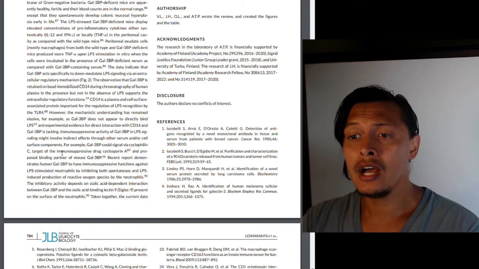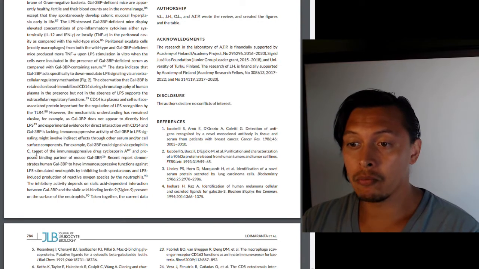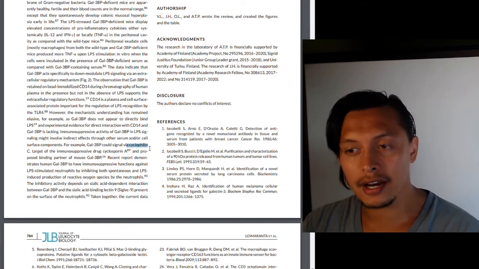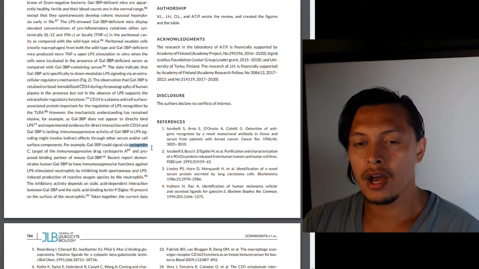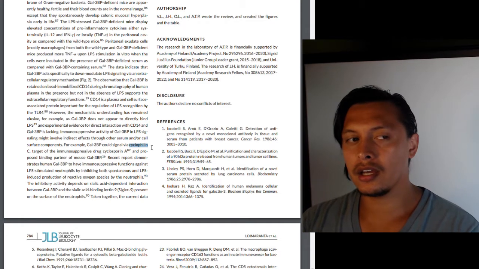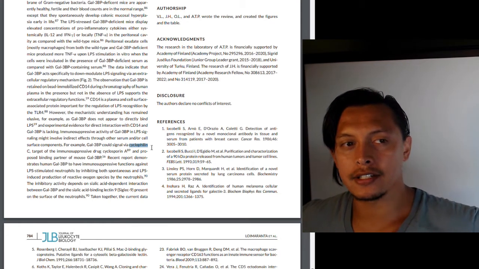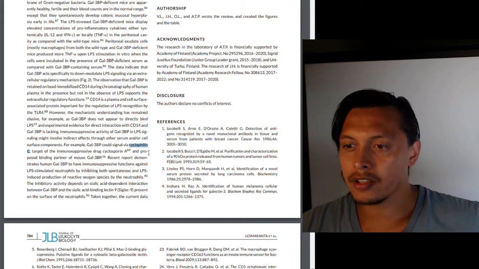For example, Gal3BP could signal through cyclophilin C, which is the target of the immunosuppressive drug cyclosporin A. That is interesting, and I think I need to look into that more. Granted, I think it was cyclophilin A that I had done work on.